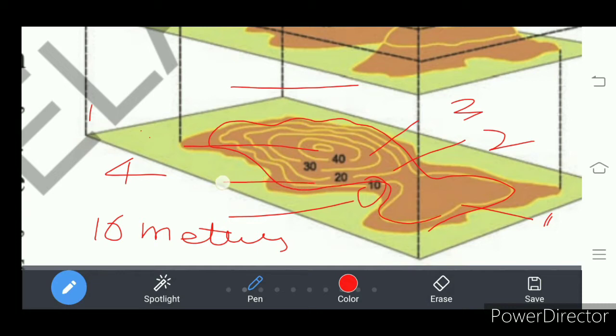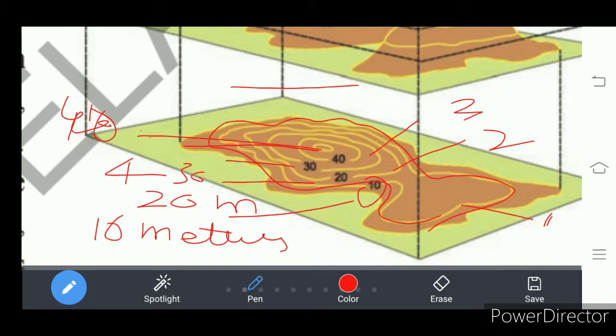Another line is showing the places on the earth's surface which are at 20 meters height, then 30 meters height, and next, fourth, it is 40 meters height. Understand?